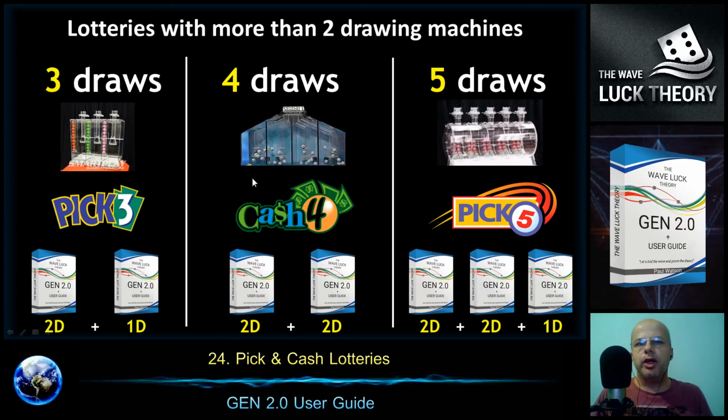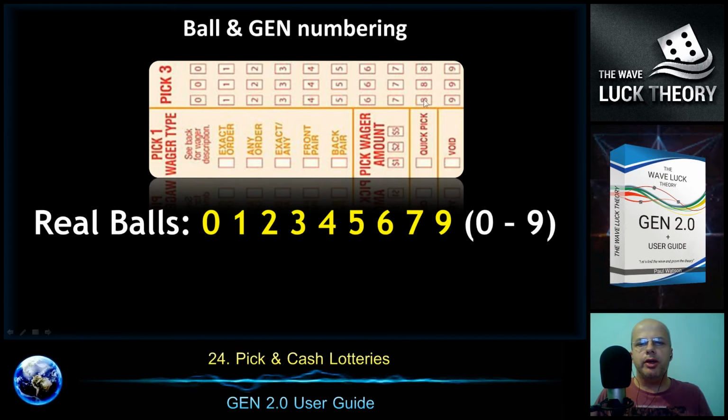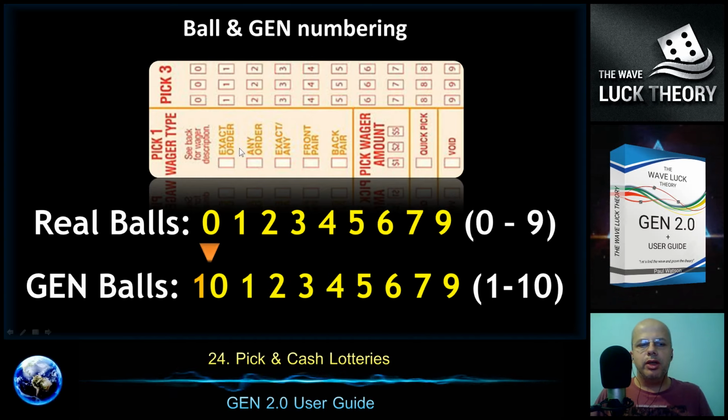These pick or cash lotteries are quite specific, so when you buy the ticket you will notice that the balls are numbered from 0 to 9. There are 10 balls from 0 to 9, but the gene doesn't work with 0. So if you are working with gene, then you should consider the range from 1 to 10, so you have still 10 balls, and instead of 0 you are using number 10.